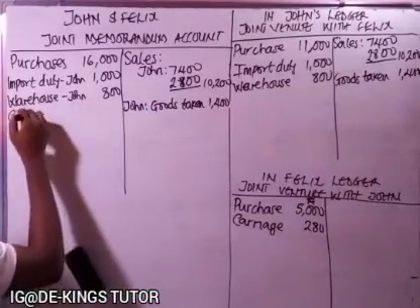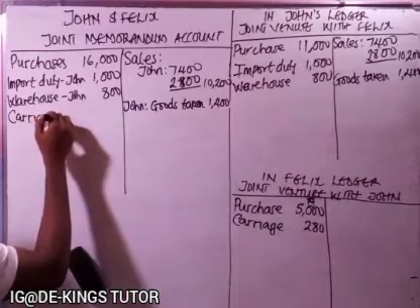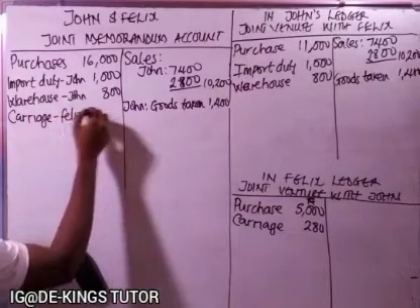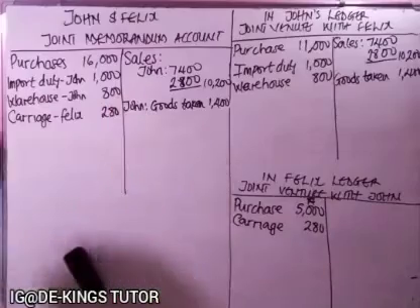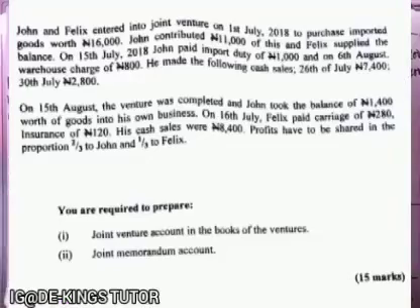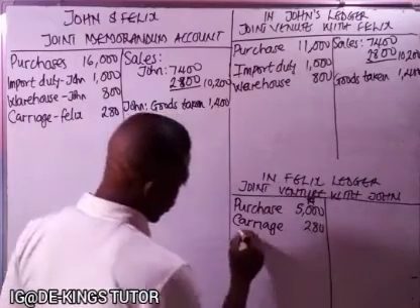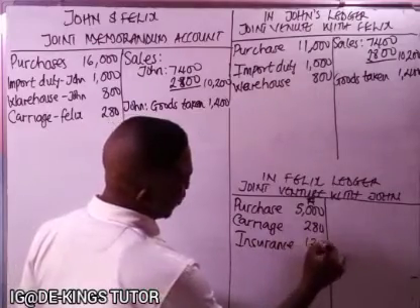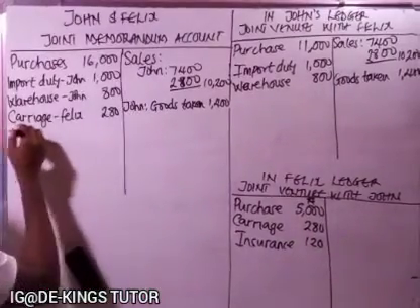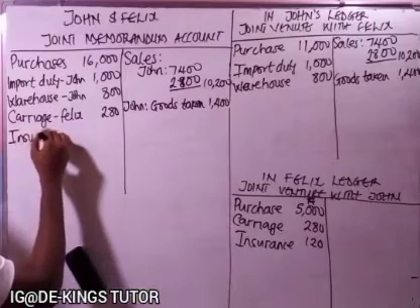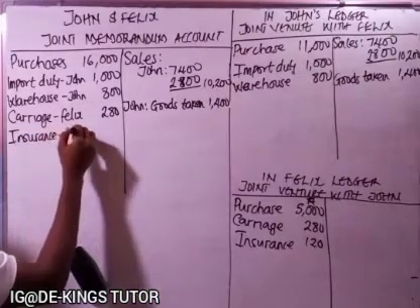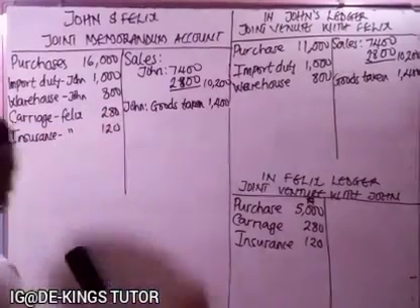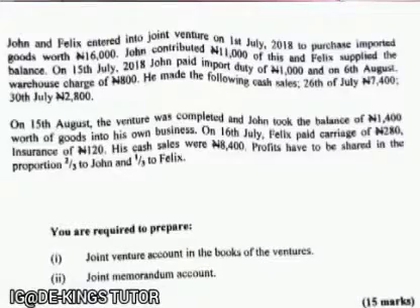We also write carriage, but this was made by Felix, 280. Okay, now we'll continue. Insurance of 120. Now also write insurance here, insurance of 120. I also have insurance by Felix is 120.